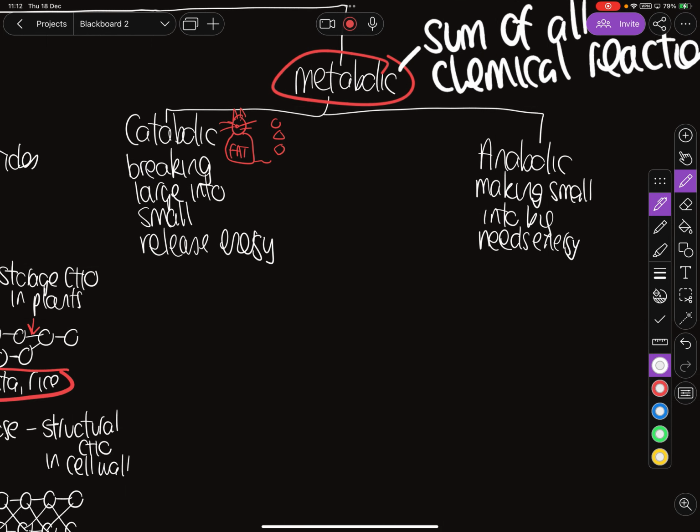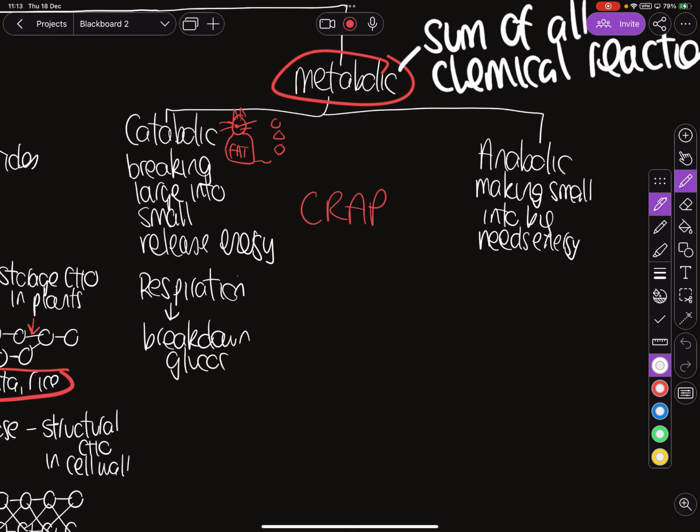You will also see in the notes book this mnemonic, CRAP. It is telling you that an example of a catabolic reaction is respiration. Again, you should have a definition from our organization. We're breaking down glucose to get energy, and the energy that we're trying to make is this thing called ATP.